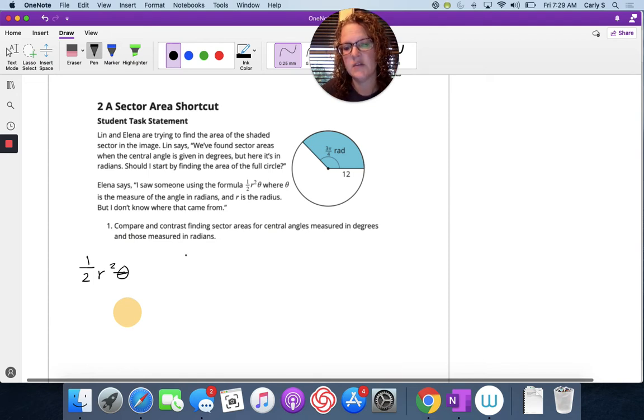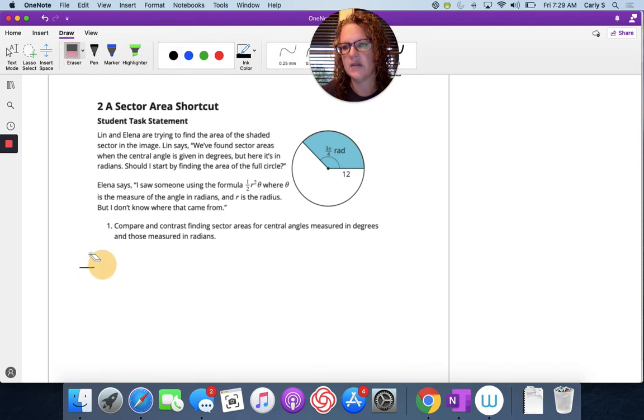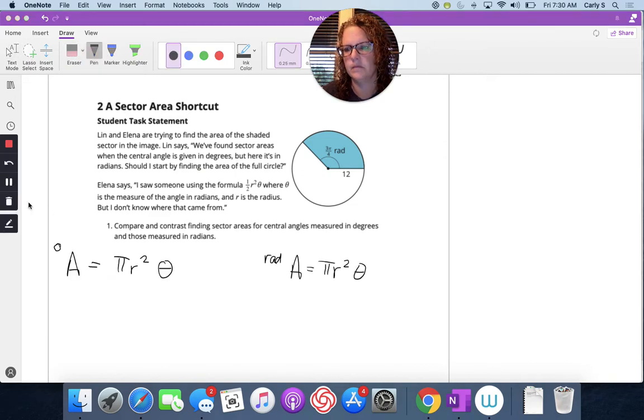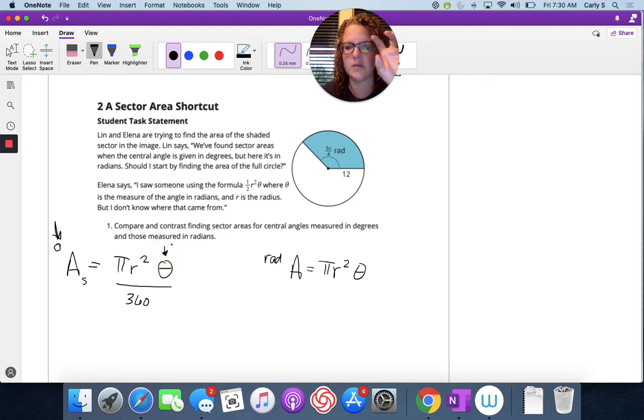Okay, so when we're doing degrees, hold on, let me erase this. I just copied that from the work. So I just rewrote those. When we're talking degrees, if I want the area of the sector, I take pi r squared times theta, where theta is the measure of the angle in degrees, and I divide it by 360, which in the past we have just multiplied by the central angle ratio, the proportion.